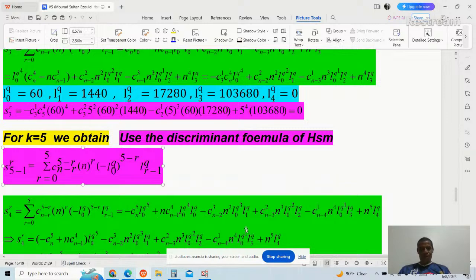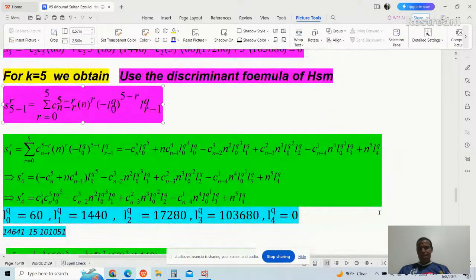This is immediately equal to combination 4 choose 1, or just 4 as you like, times combination n choose 5 L0 for the q raised to the power 5 minus combination n minus 2 choose 3 n squared L0 for the q cubed times L1 plus combination n minus 3 choose 2 n cubed L0 for the q squared times L2 for the q minus combination n minus 4 choose 1 times n raised to the power 4 times L0 for the q raised to the power 1 times L3 of q plus n raised to the power 5 times L4 of q.